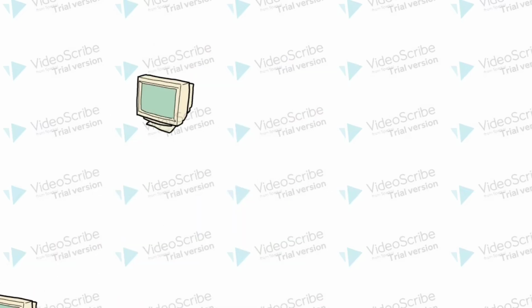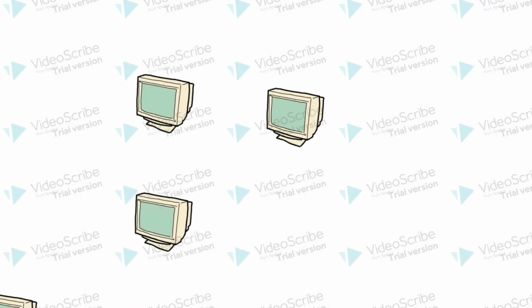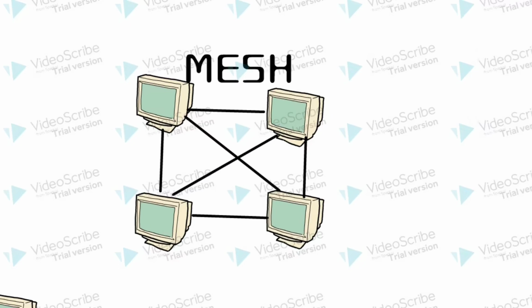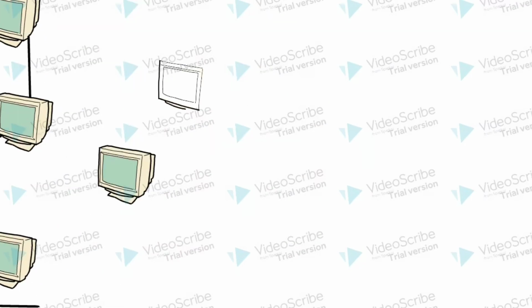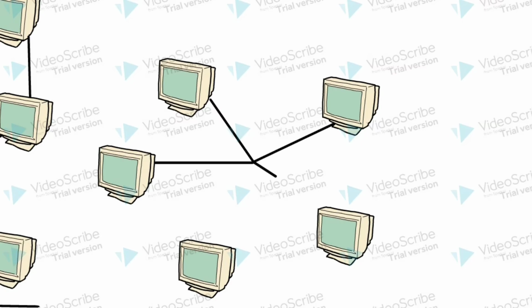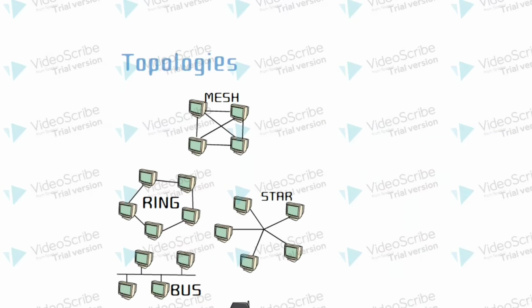The next is even more protected as it structures a connected graph: mesh. And the last one is a star shape. All of them can be parts of a mixed topology.